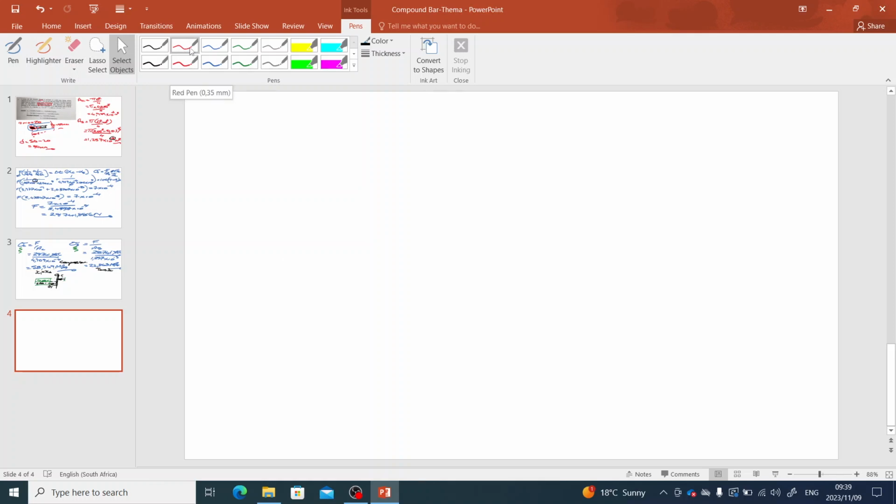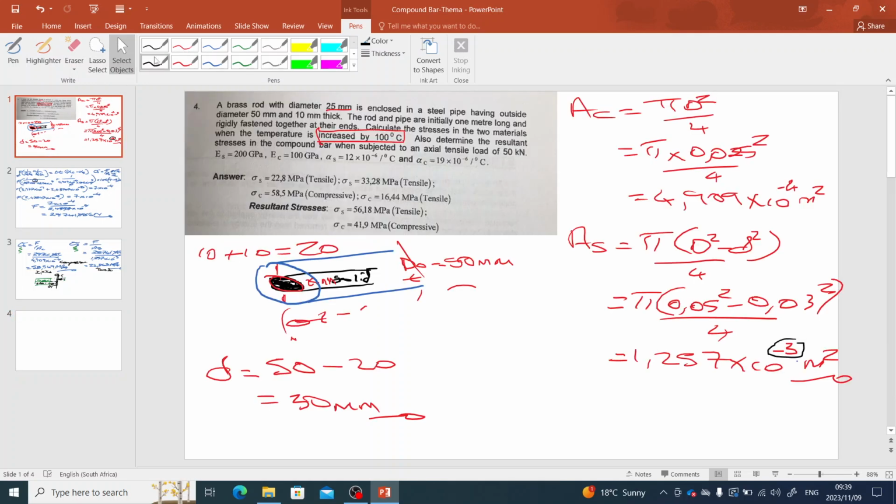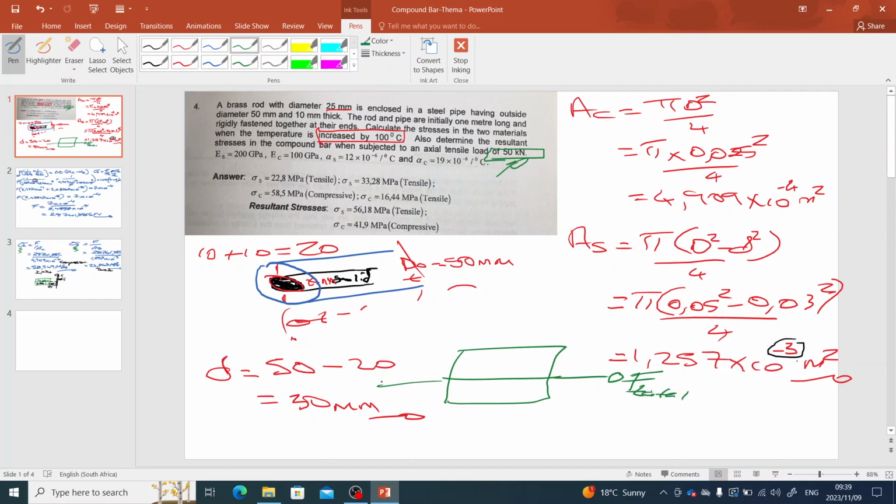For us to be able to calculate the resultant stresses, we have to determine the stresses as a result of the applied force. You have a parallel connection. You have the total force, that axial tensile force, applied on this material.